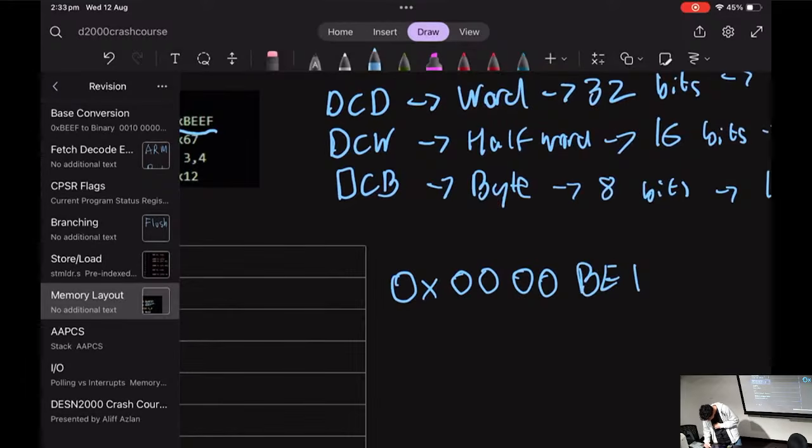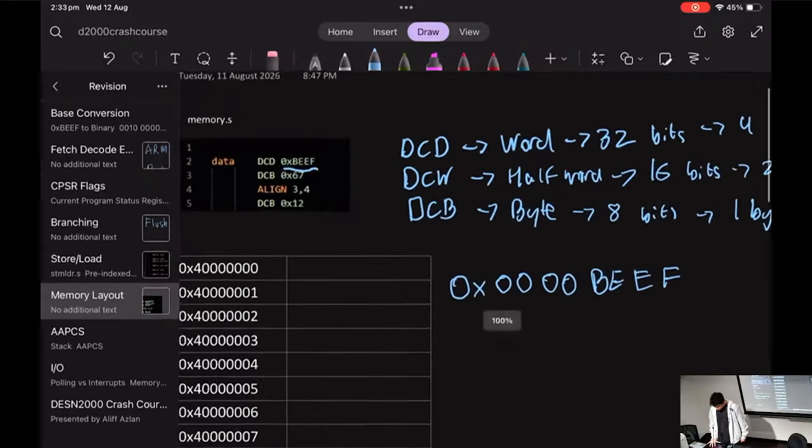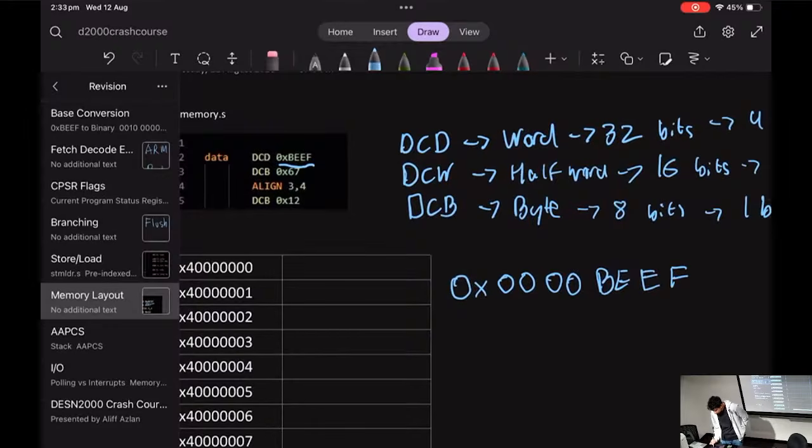Okay, I've got good handwriting, right? Because we're not using the whole word, we have to pad the leading digits with zeros. So this is what this first DCD would look like.